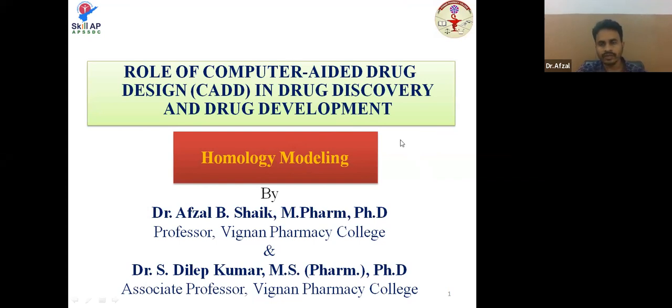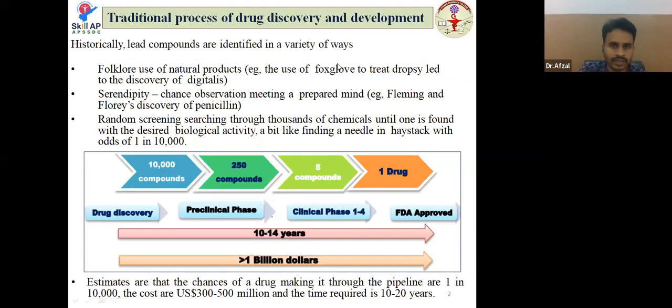Drug discovery is a challenging process because there are many steps involved. Traditionally, drugs were not discovered rationally. Previously, drugs were developed based on certain therapeutic activities. In the olden days, extracts of plants were taken and used for the treatment of certain diseases.